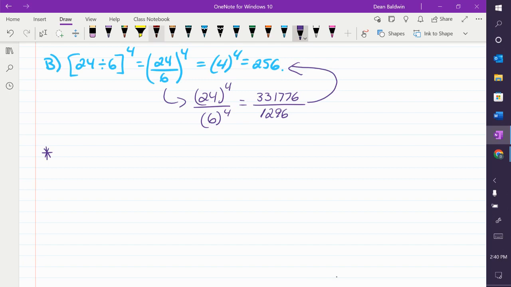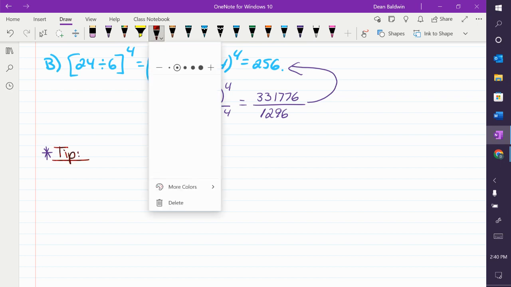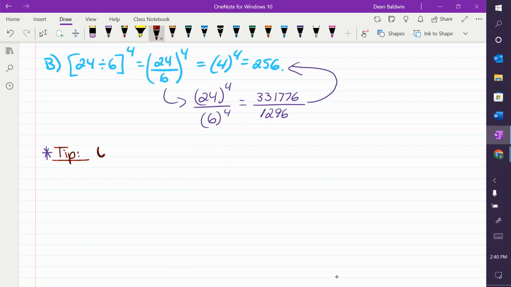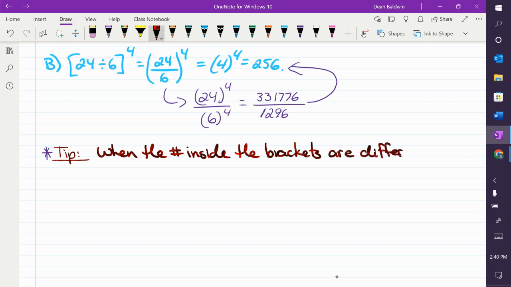I don't know if this is a rule, but a helpful tip. Tip: when the numbers inside the brackets are different, simplify first.